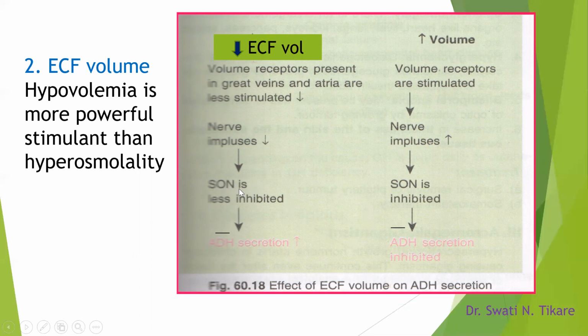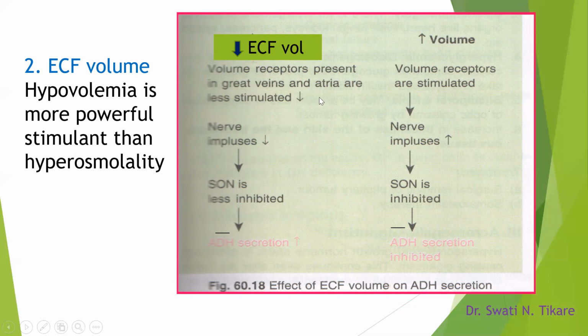So the impulses reach the supraoptic nucleus in the hypothalamus. Once it senses that there is decreased ECF volume, there is an increase in ADH secretion. Here you may get confused about the wording.